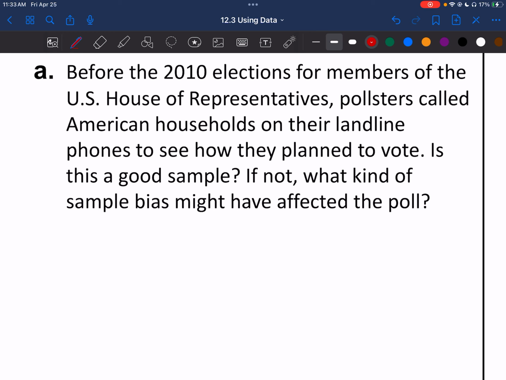So the first thing you may say, calling people at random to see how they plan to vote is a good thing, but here's the key right there, on their landline phones. I don't know about you, but not a lot of people have landlines anymore. So this would be no, not a good sample.